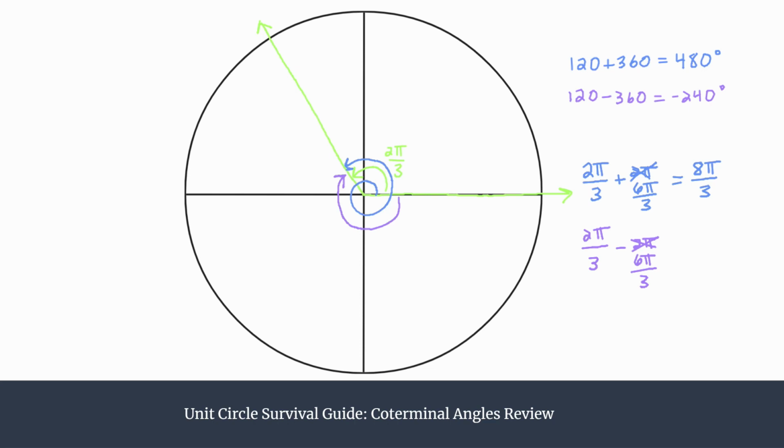And now we have 2 pi over 3 minus 6 pi over 3, which of course equals negative 4 pi over 3. So 2 pi over 3, negative 4 pi over 3, and 8 pi over 3 are all coterminal angles. And you could continue finding an infinite number of coterminal angles by continuing to add 2 pi or subtract 2 pi. Hopefully this helps you better understand coterminal angles and how to calculate them.